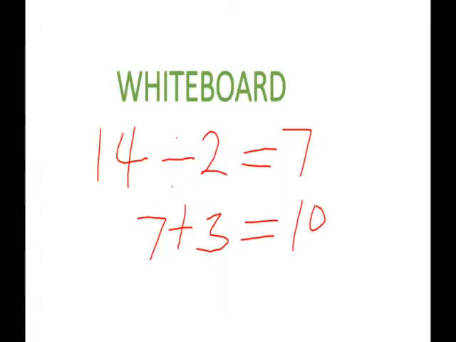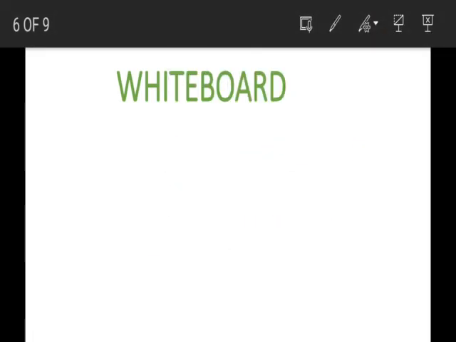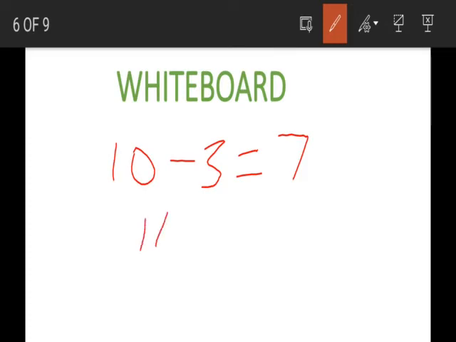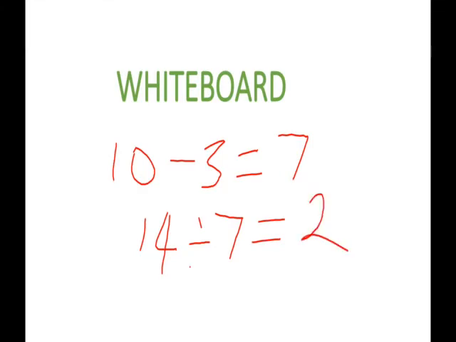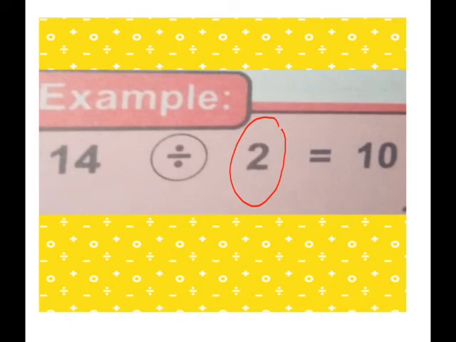Subtract that imaginary number, that is 10 minus 3. That will give us 7. Then, the next step, 14 divided by this 7 will give us 2. So that was how the 2 was gotten.